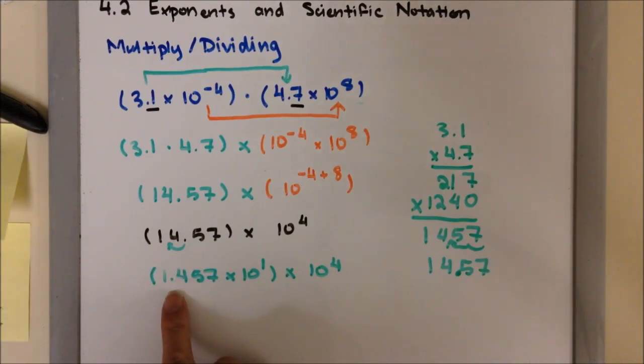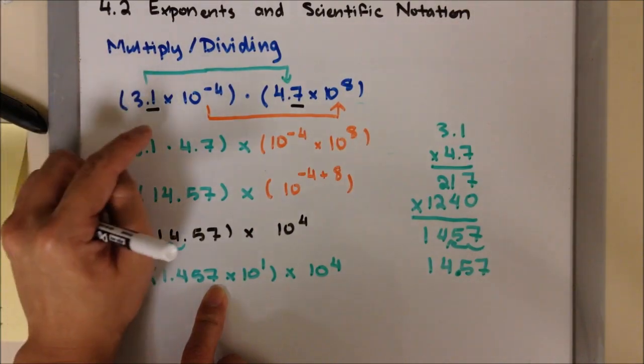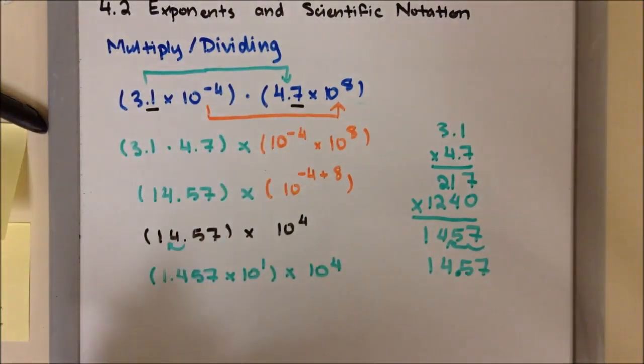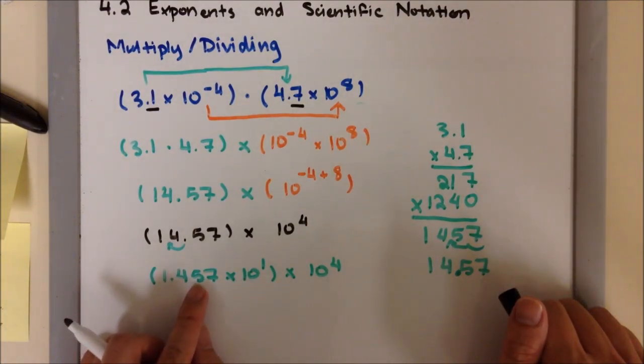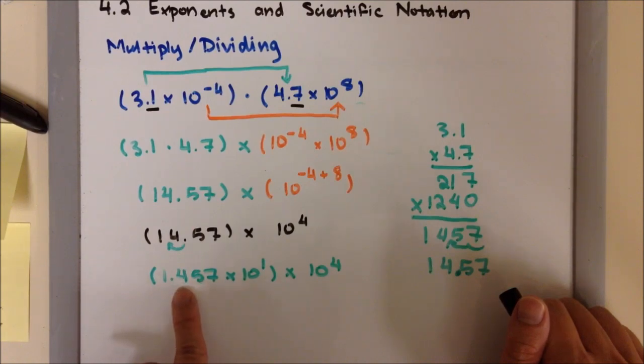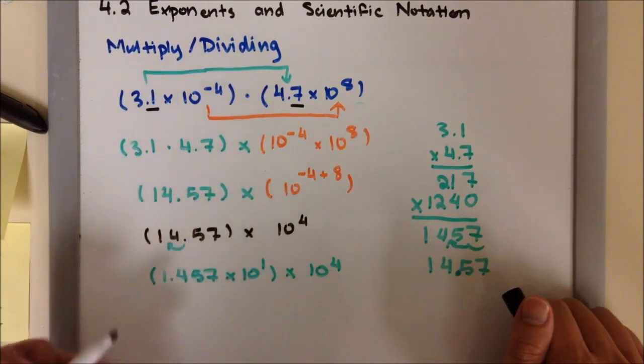Alright, so at the moment I have a number with 3 decimal places, but I want to round so that I have 1 decimal place. So if I round, since it's 0.457, because of that 5 right there, I'm going to round up.